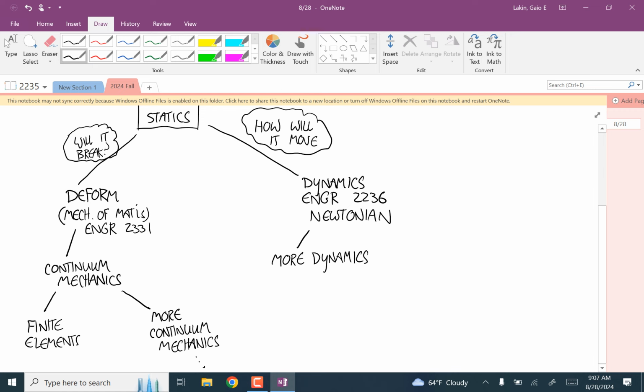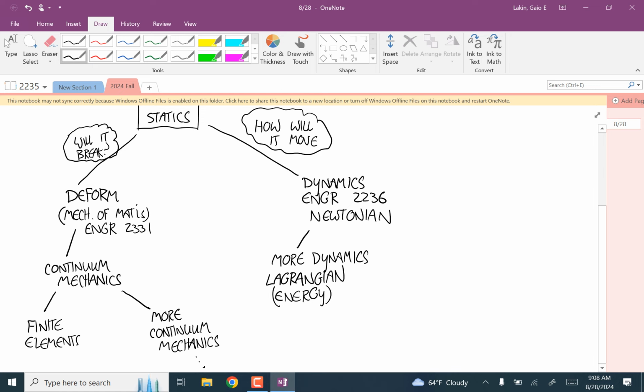Except this next dynamics class is going to focus on a Lagrangian approach, which incorporates energy into it instead of forces and moments and stuff. So you can think of this as like energy methods.